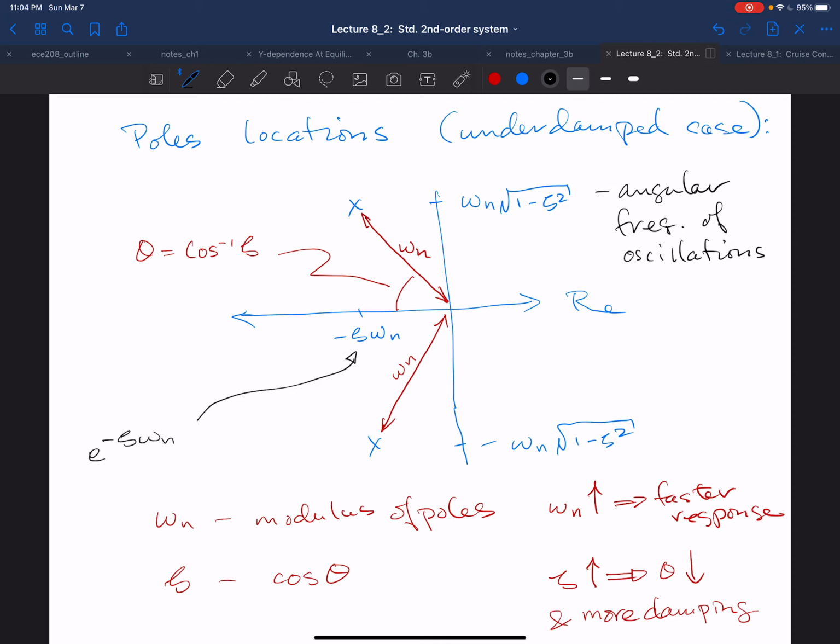And the real part, e to the minus zeta omega n t, determines the rate at which the oscillations decay. So you can look at things either in terms of the real and imaginary parts of the poles, or in terms of the modulus of the poles, omega n, or this angle theta, which is the arc cos of the damping ratio zeta.